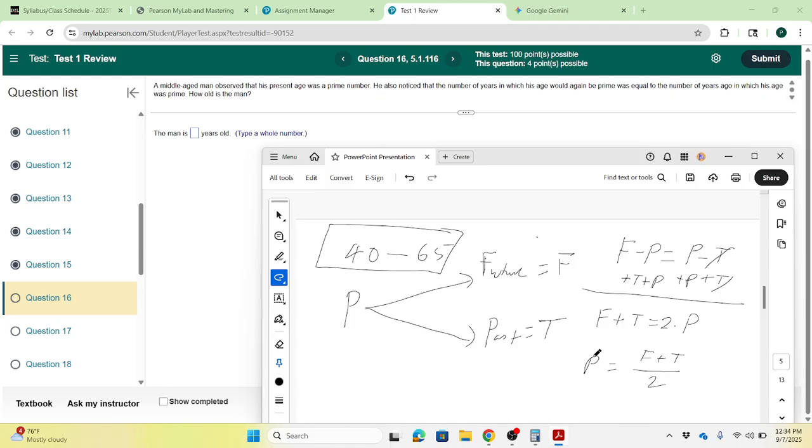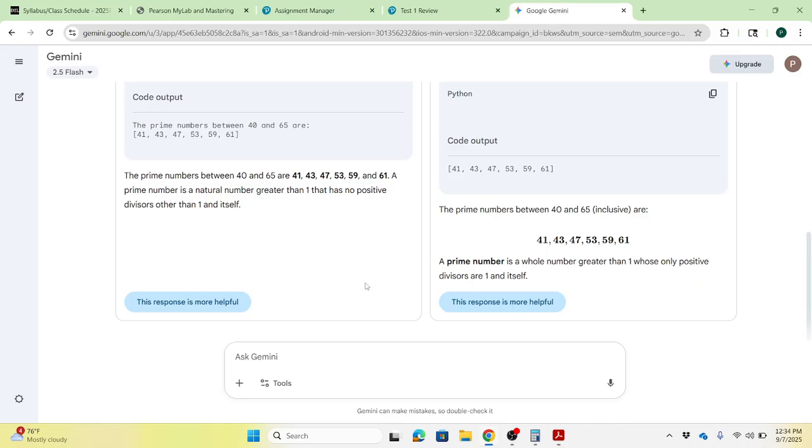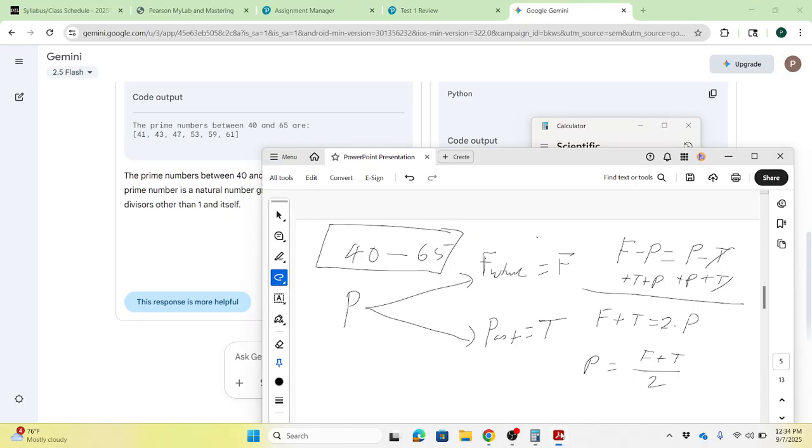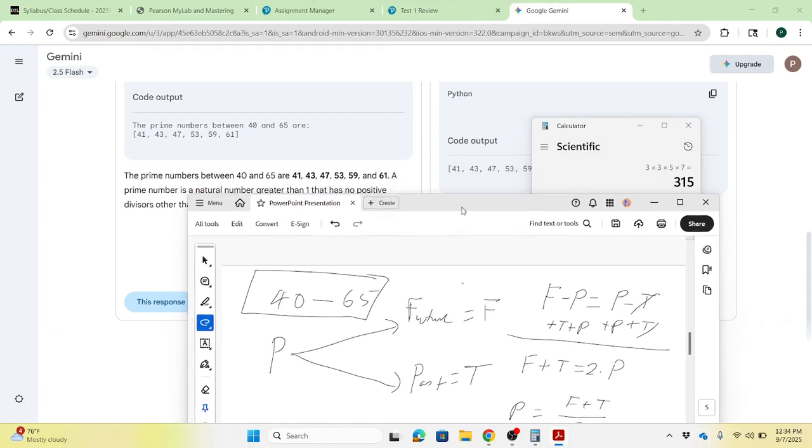Now we go back to our possible options. We need to find out for what number this relation would be true.